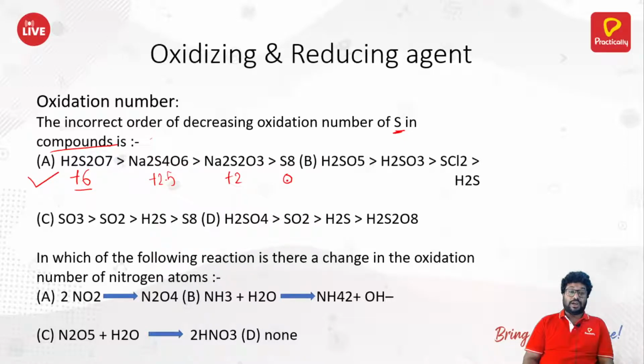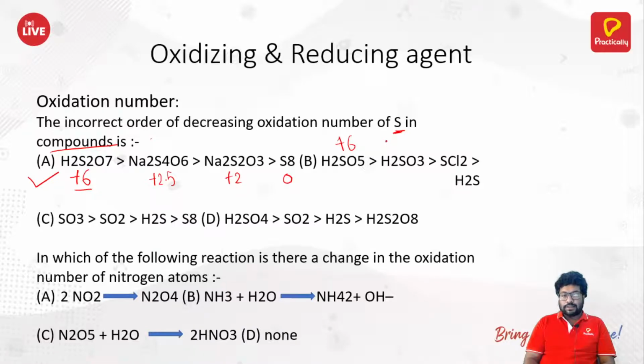They have asked us to find out the incorrect order, right? So let's go here. Here we had seen this case already, right? Here the sulfur was in a +6 oxidation state. Remember, peroxymonosulfuric acid. Yeah, +6. In H2SO3, 3 into 2 is -6, -6 plus 2 is -4.